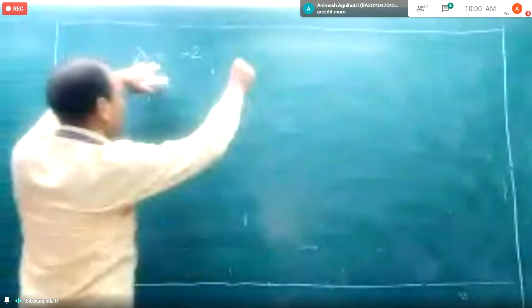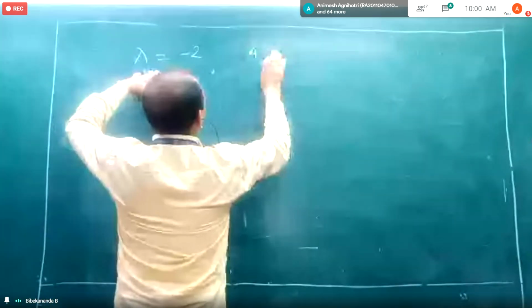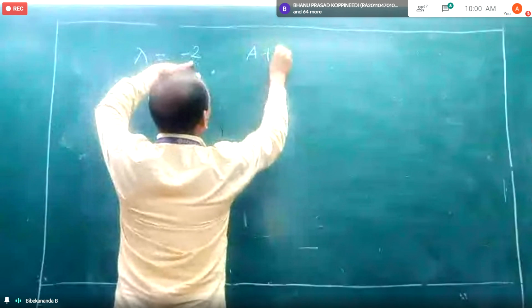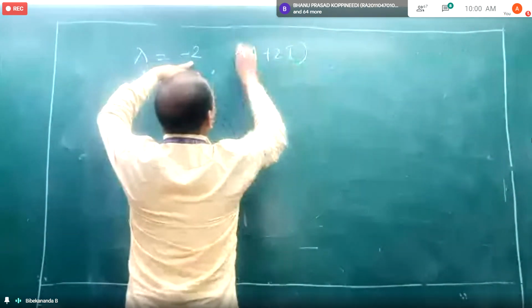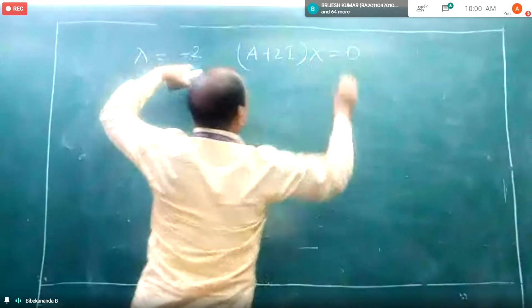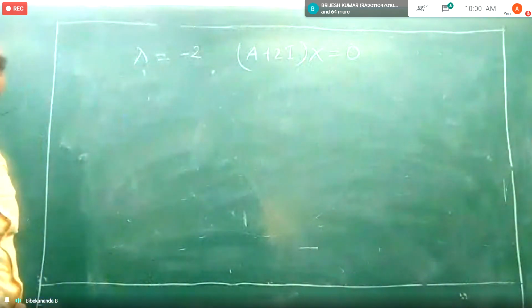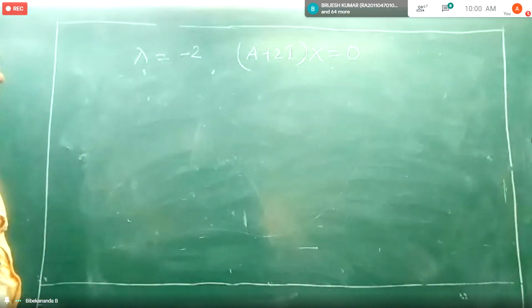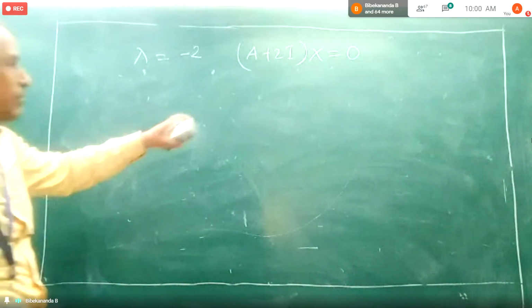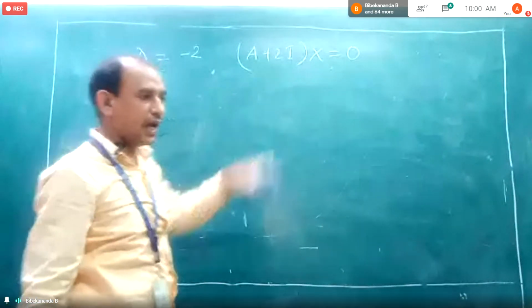Then what will be the matrix? A minus of minus 2, that is A plus 2I, times x equal to 0. What will be the equation then? In the main diagonal elements, we will add 2.